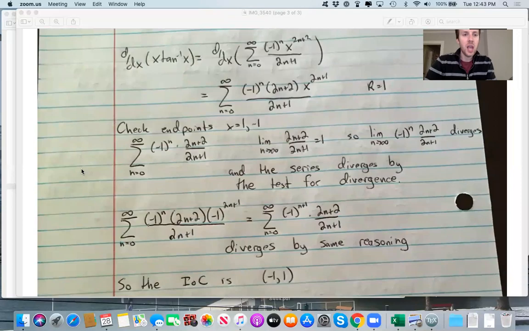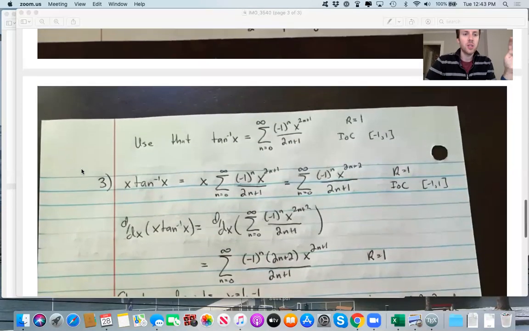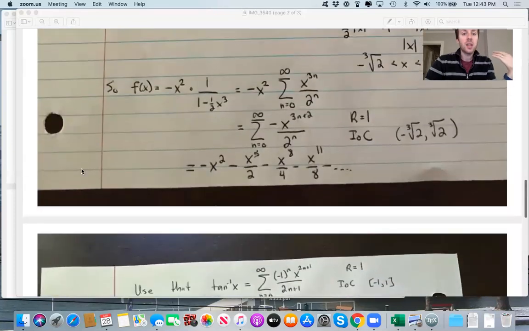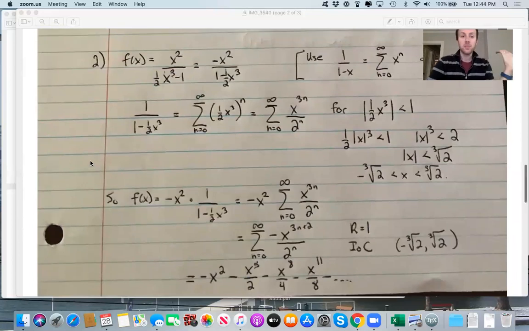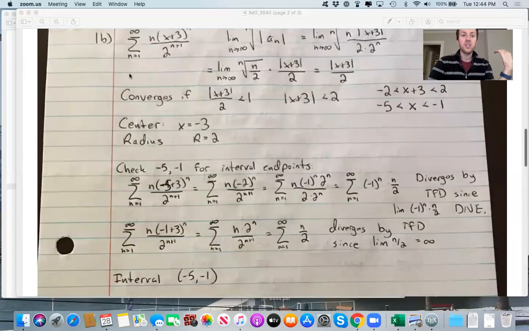This video and these notes are going to get posted on the Canvas page if you want to look at some of these examples. And I think these are the kinds of things that you should be ready to do involving series. Either given a series, find when it converges, both the radius and the interval.